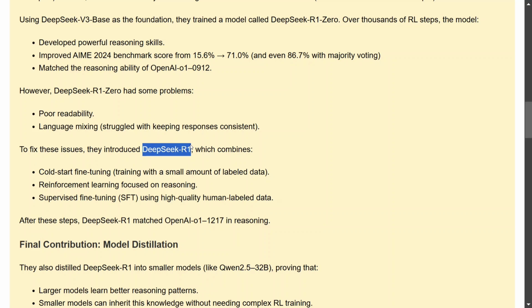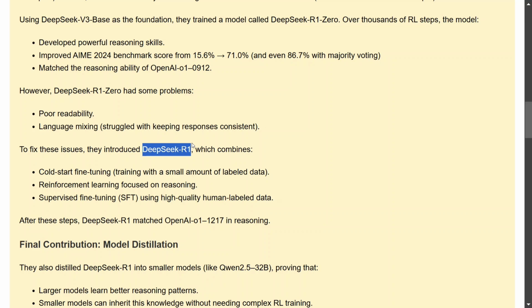So the first model was DeepSeek V3. Then you went with reinforcement learning fine tuning. You got DeepSeek R1 Zero. Now you again went with a few more steps: cold start fine tuning, reinforcement learning focused on reasoning, and SFT, supervised fine tuning, that we discussed in the first go. All these three steps were again added to DeepSeek R1 Zero to get to DeepSeek R1.